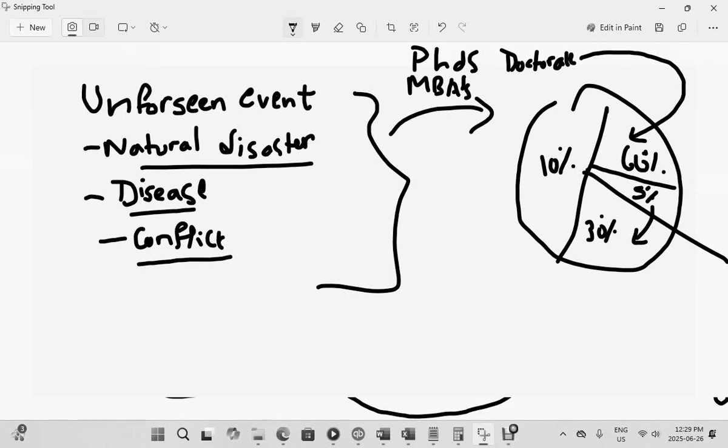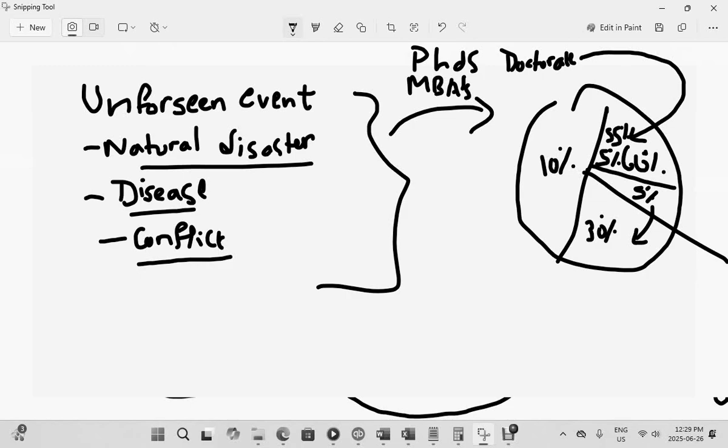So in this case, you will have 55% of the existing workforce and 5% addition because of the unforeseen event. So this will be 60% as it is.